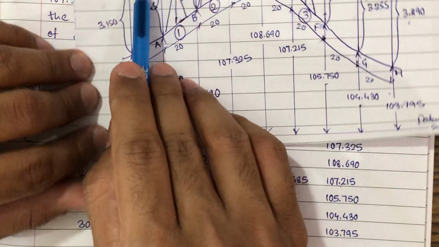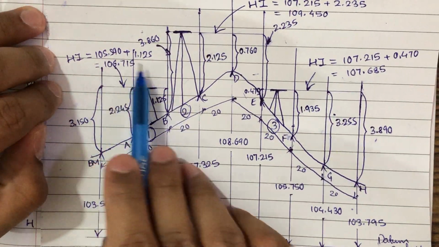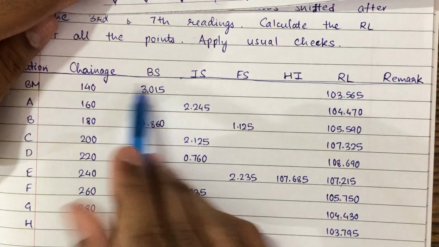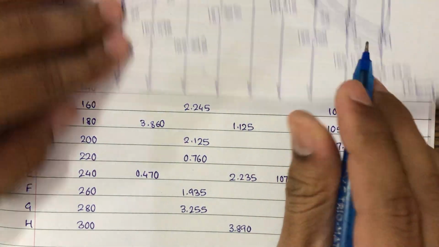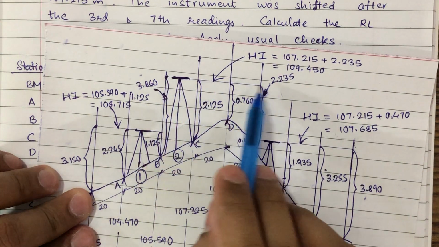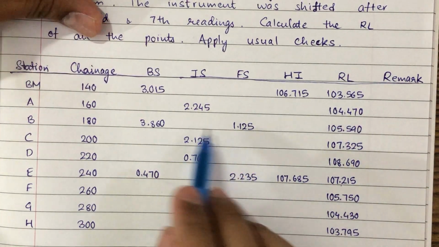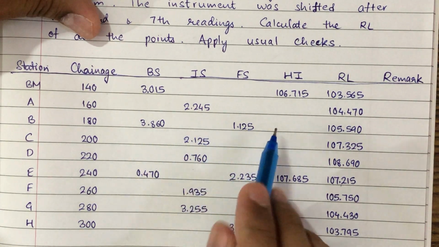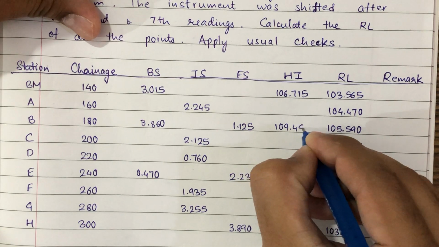And the HI at the first setup was given as 106.715. Also, HI at the second setup is given as 109.45. So this is the second setup. Here the HI came out to 109.450.